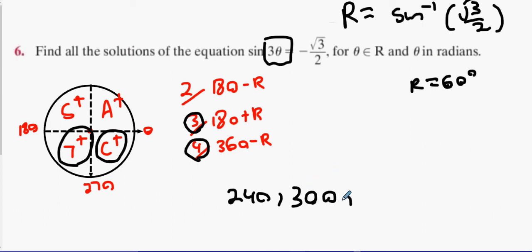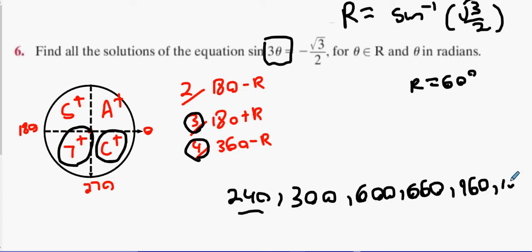Add another 360 onto it, and what would you get? 600, 660, and what's the next one after that? Anybody know? Add another 360 onto it. 960 and... Okay? Now, the reason why I did this is it's 3 theta, isn't it? So what do I have to do with the 3?